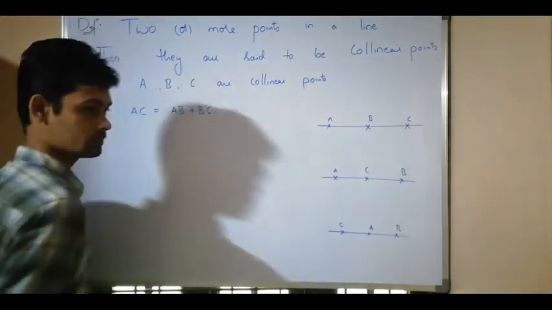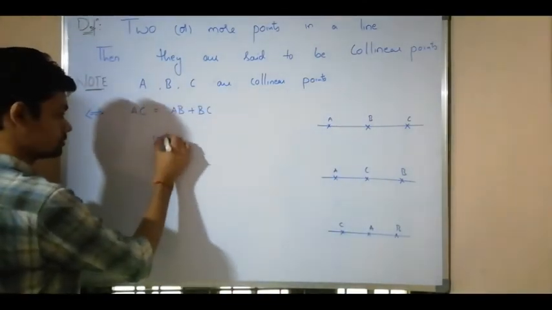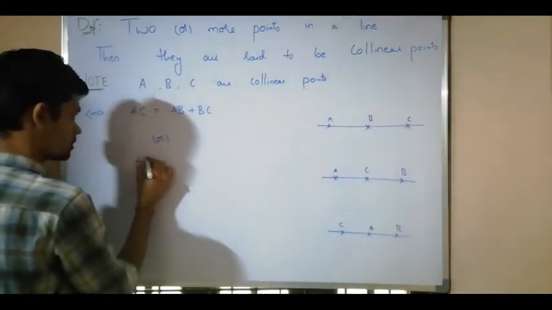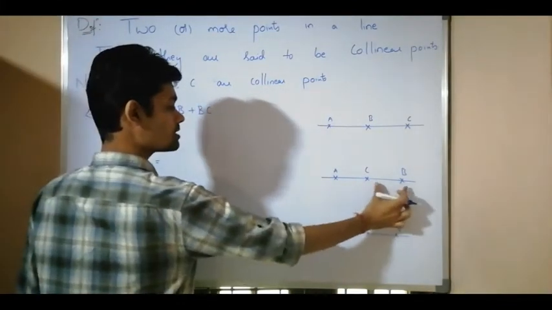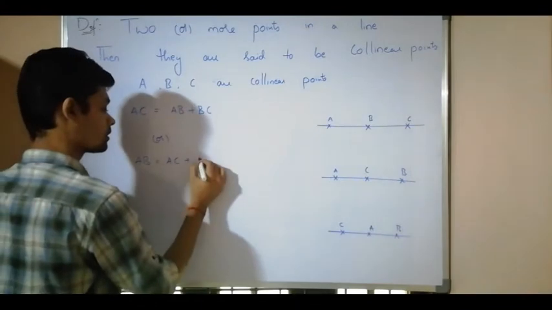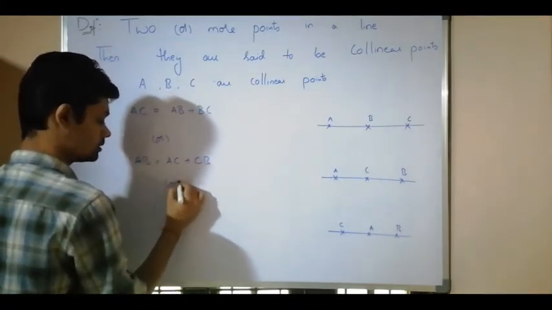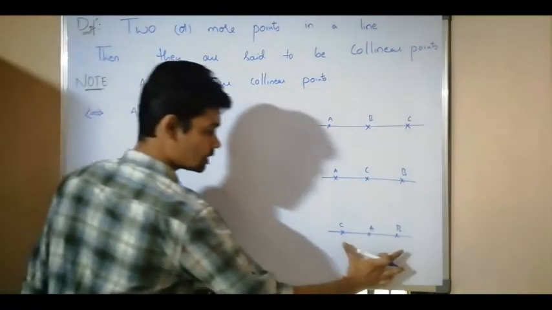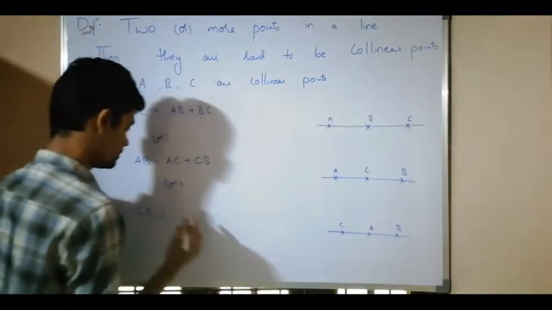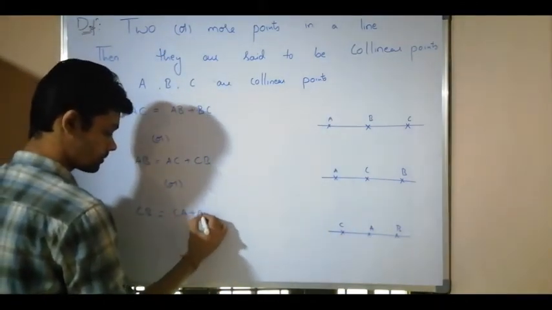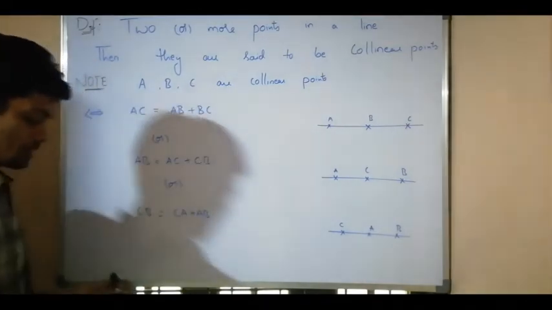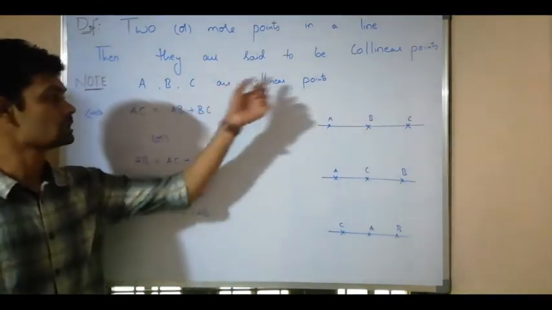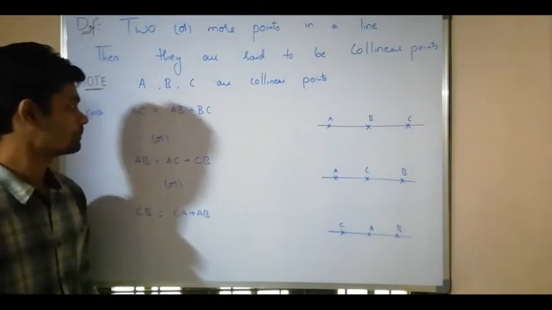Or in this case, distance of AB is equal to distance of AC plus CB, or in this case, distance of CB is equal to distance of CA plus AB. If any one of the conditions is satisfied, then directly we will say that A, B, C are the collinear points.